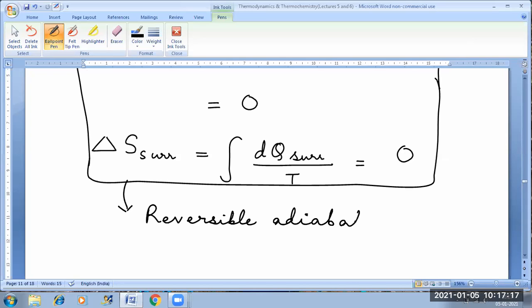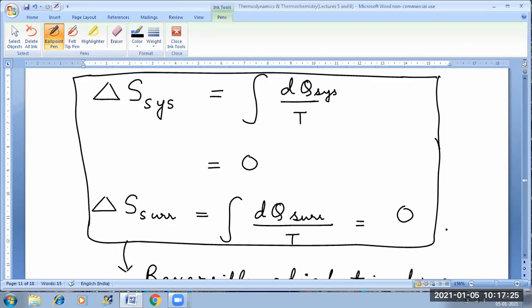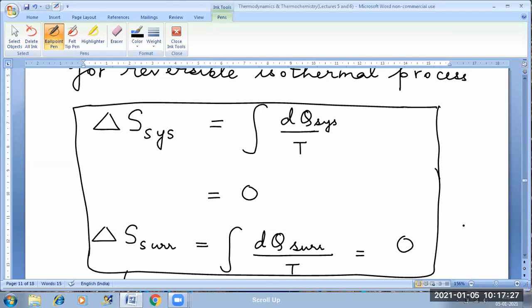Again you can see that for a reversible process, total delta S is equal to 0. What is total delta S? Delta S system plus delta S surroundings.